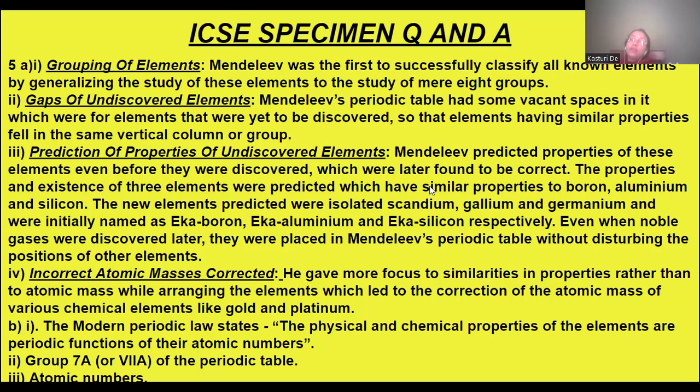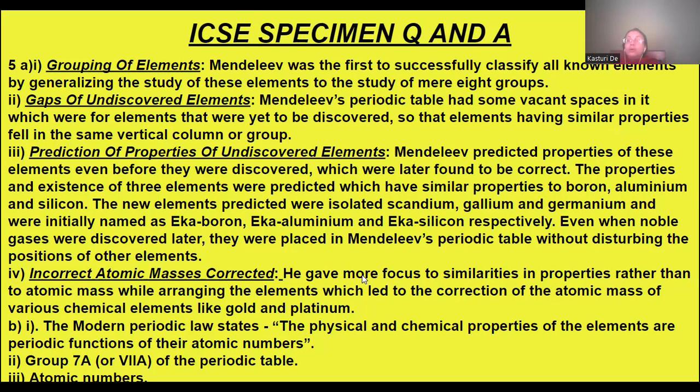And even the noble gases, which were discovered later on, were also placed in Mendeleev's periodic table without disturbing the actual position of the other elements. Now, incorrect atomic masses corrected. He gave more focus to the similarities in properties rather than atomic masses. That's why, while arranging the elements, this led to the correction of the atomic masses of various chemical elements like gold and platinum.